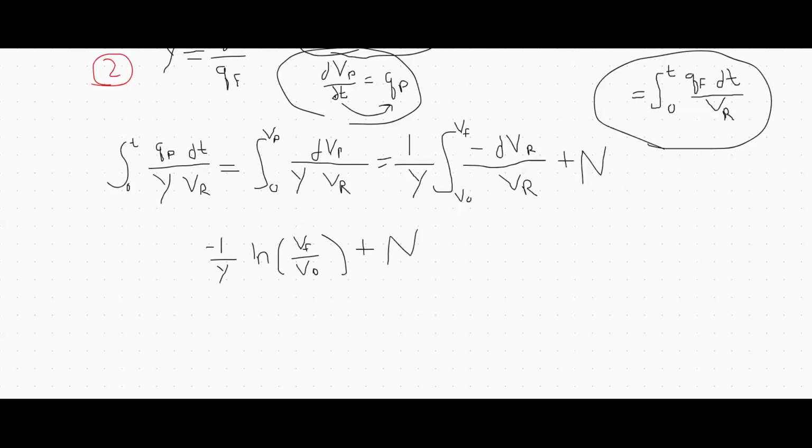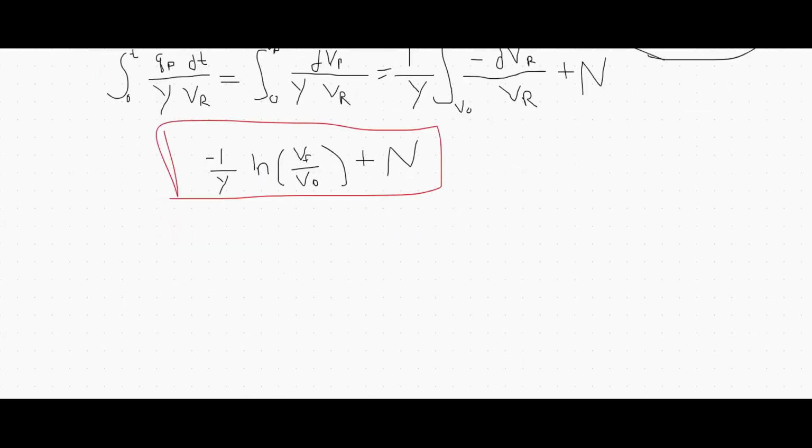Now this here is your solution, but as always is the case, you might not see it that way out in the world. So we'll do a little rearranging. We can write natural log of VF over V naught, and leave this conversion out here, right?